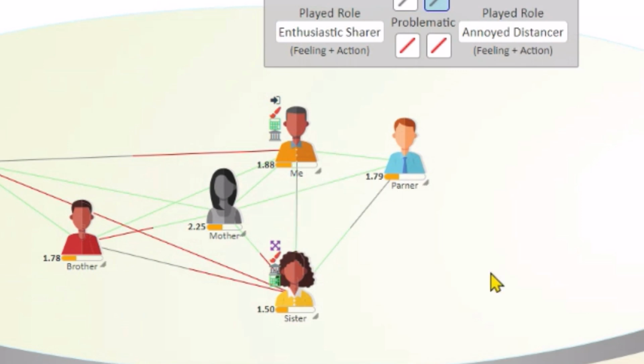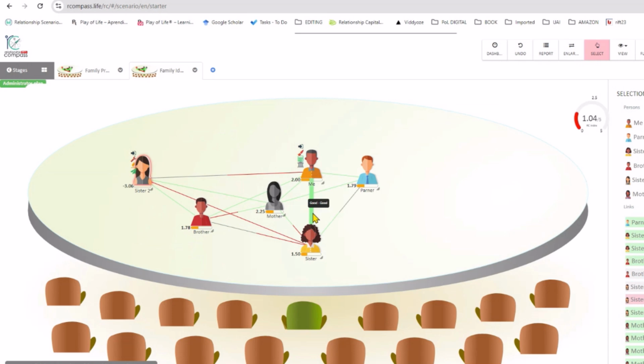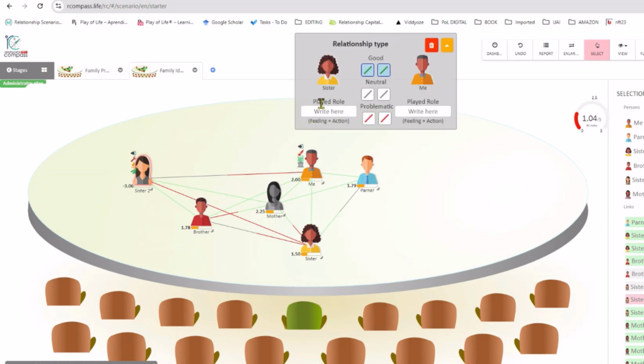So now we are going to the new stage. Now that she is an enthusiastic sharer, and you understand a little more about who she is, what role do you think you could play? An interested listener. Try to find another word apart from interested.